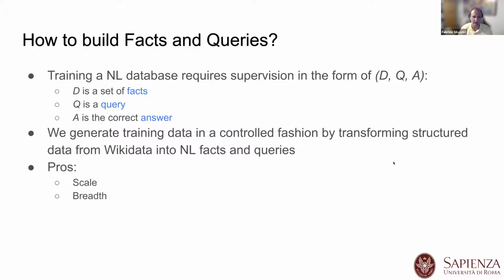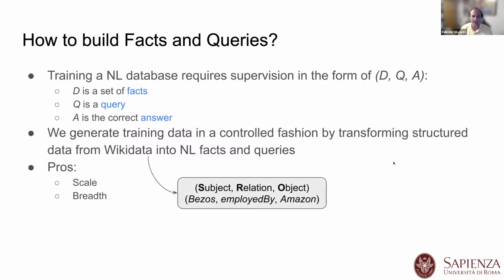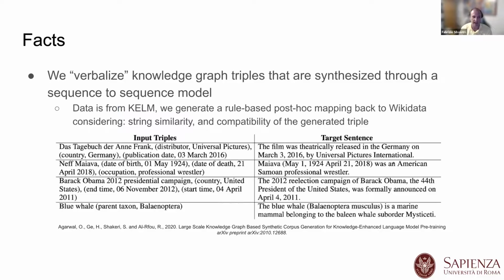As I said, we wanted to use Wikidata, but instead of starting from Wikidata, we actually started from KELM. KELM is a huge list of sentences that have been generated automatically from Wikidata, and we do the inverse mapping from the target sentence to the input triples.